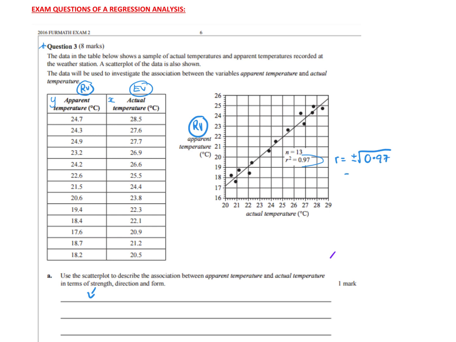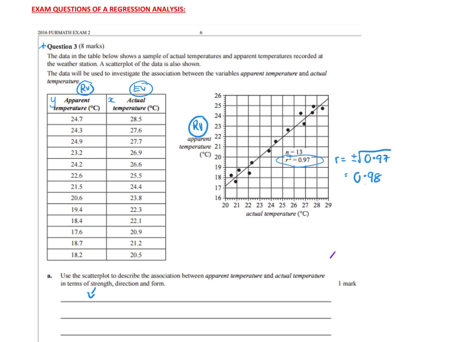So if I did the square root of that R squared number, I'm going to get an answer of 0.98, and we're going to leave it as a positive because this is a positive graph.